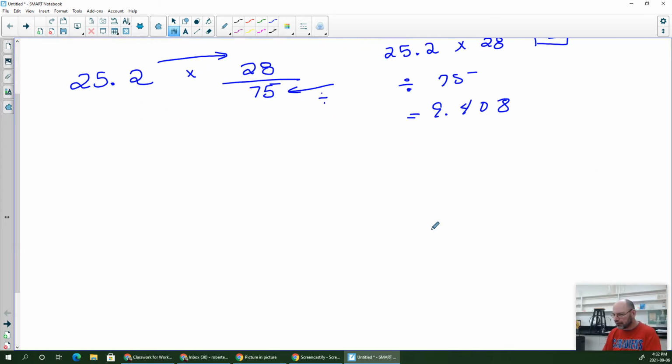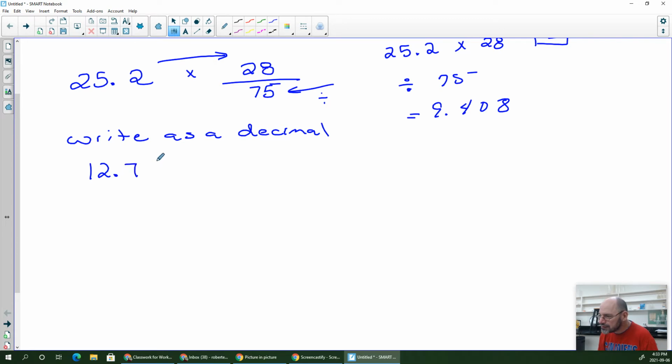Our second one is write as a decimal. Okay, so if they say 12.7%. So this means, percent means out of 100. So you divide everything by 100.